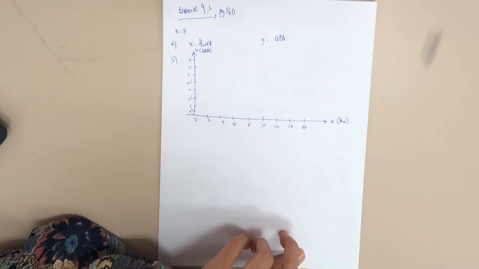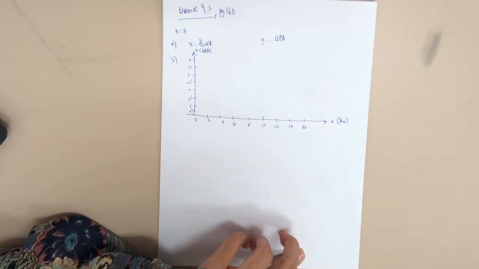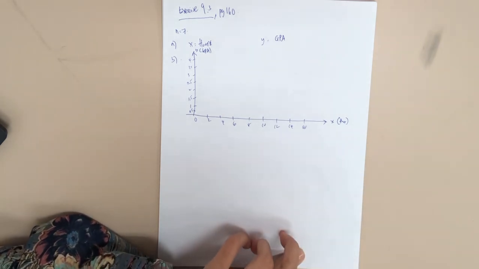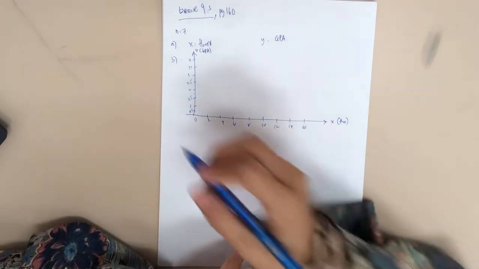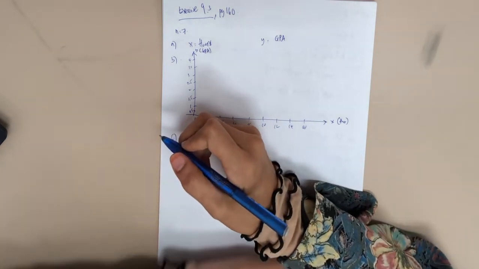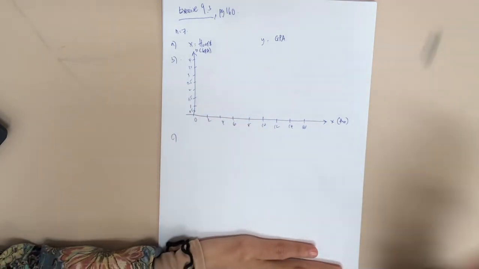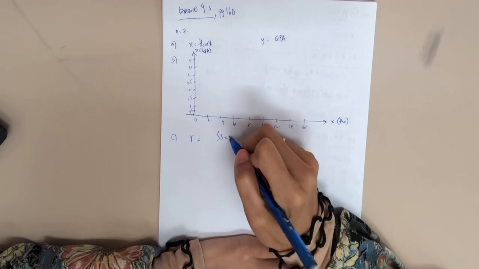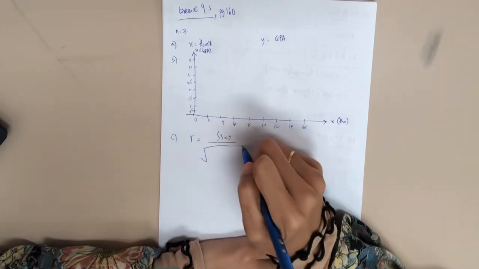Okay, next is find the linear correlation, class. So this is R. Again, better you write first the formula that is involved here.